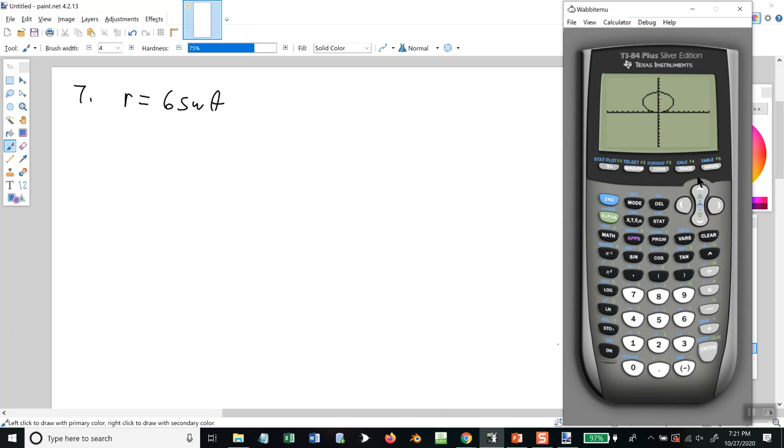Radians makes it into a bajillion stars. I don't know. Must be a flaw with your calculator.